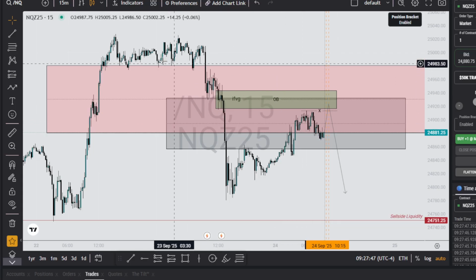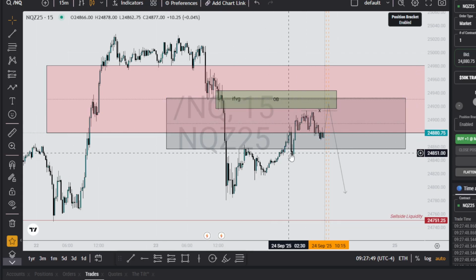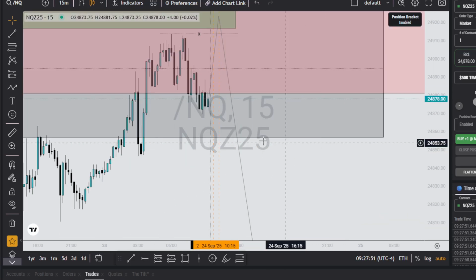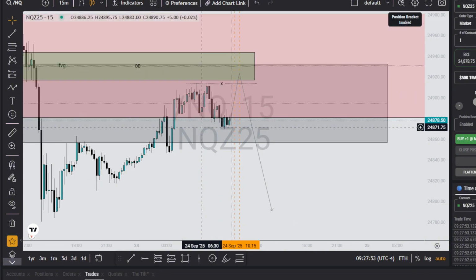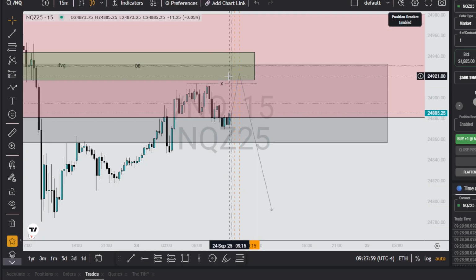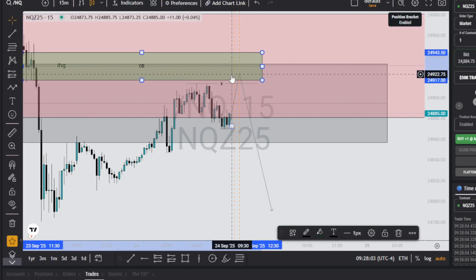CB also inverted fair value gap to the downside. It'd be nice if price swept up first. It doesn't have to, but hopefully it does. Sweep these, grab this order block, biggest order block, and start giving us some moves to the downside.